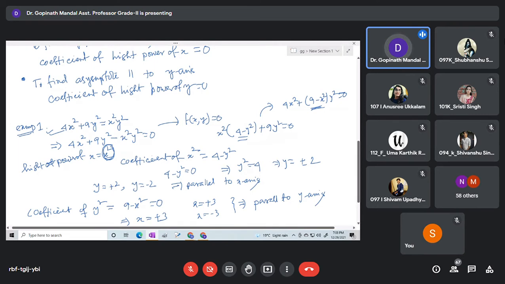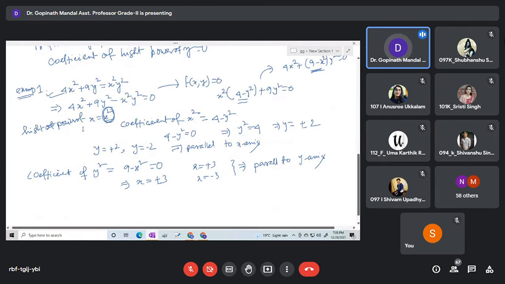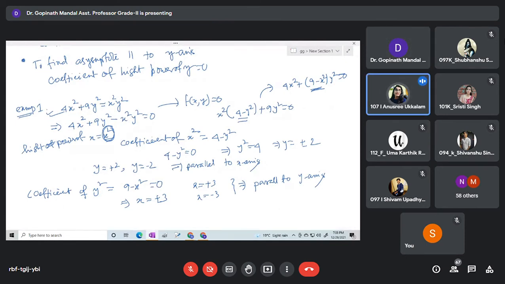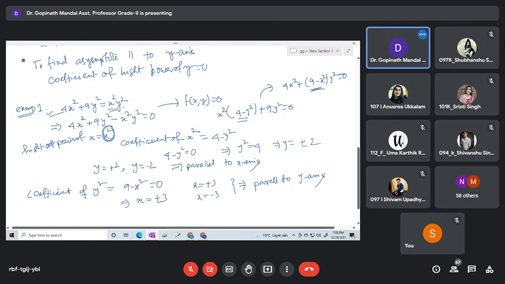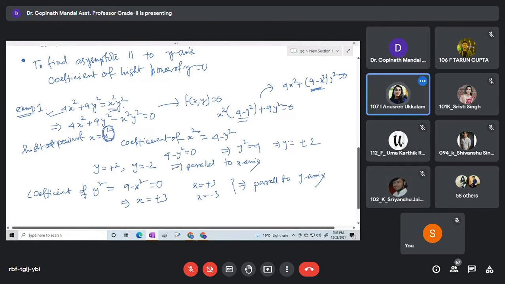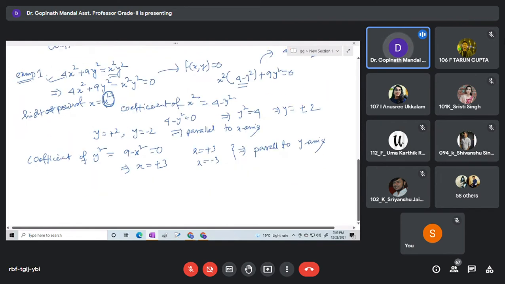I think this is a paraboloid. Okay, I will tell you the curve in our next class. Sir, both the x and y terms are of degree 2, so how will it be a parabola? It is not a hyperbola or an ellipse? Yes sir, this is a hyperbola. Okay, we will discuss it in our next class.